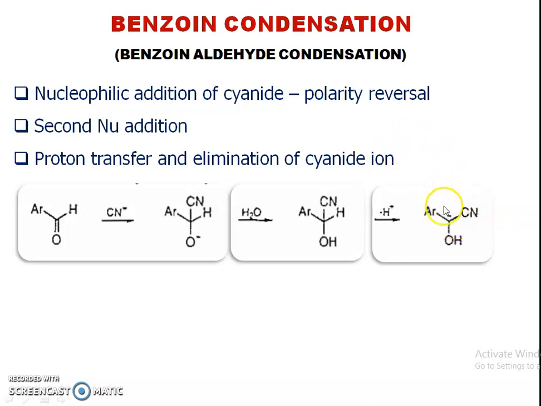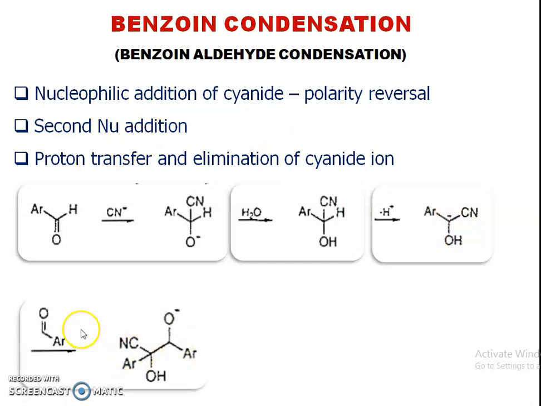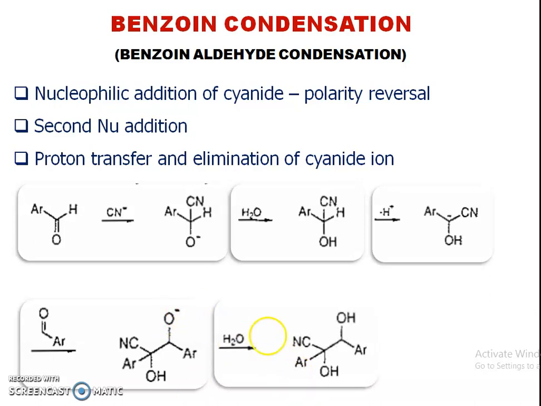So this nucleophile can then be added to the carbonyl carbon of the next aromatic aldehyde, and it forms an intermediate structure like this. Then in the presence of water, this oxygen can undergo an acid-base reaction, and it forms a hydroxy compound.